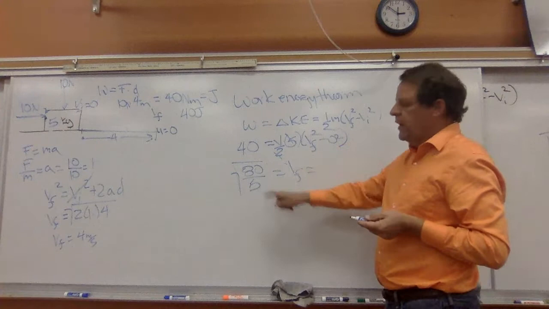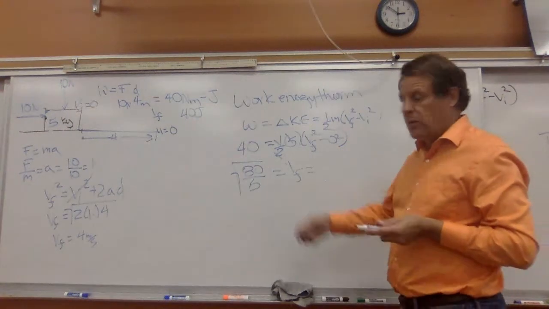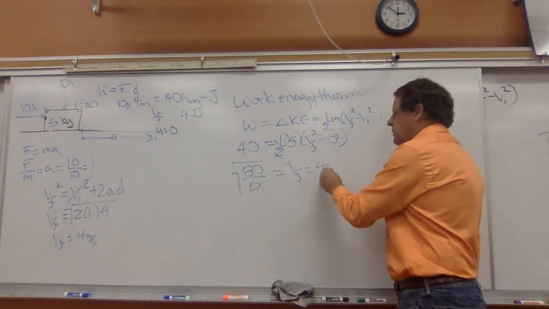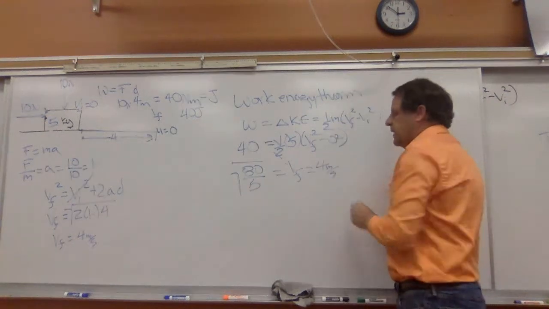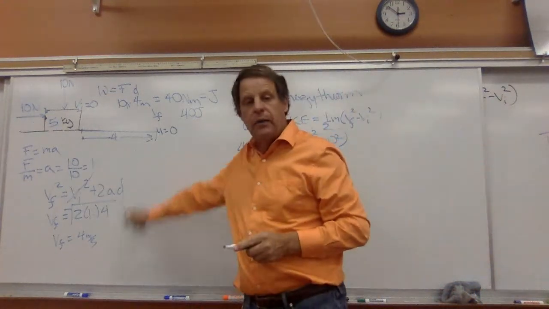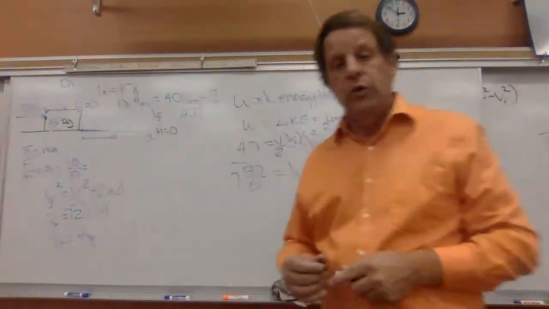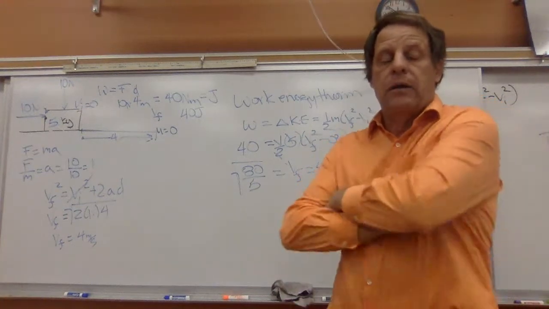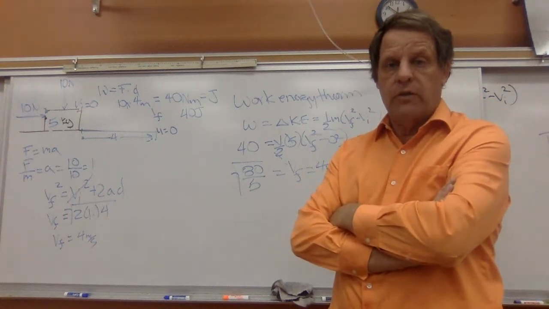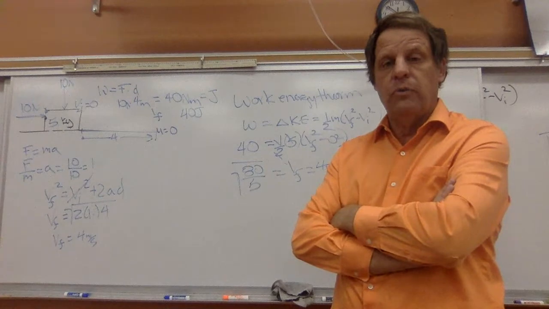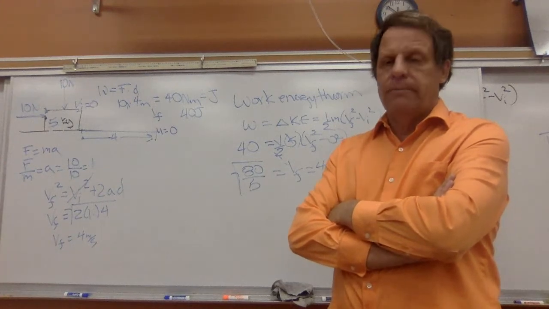And we can see that 80 divided by 5 is 16, and the square root of 16 would be 4 meters per second. And that is the same thing we got when we did the example before using the kinematic relationship of V final squared is equal to V initial squared plus 2AD.